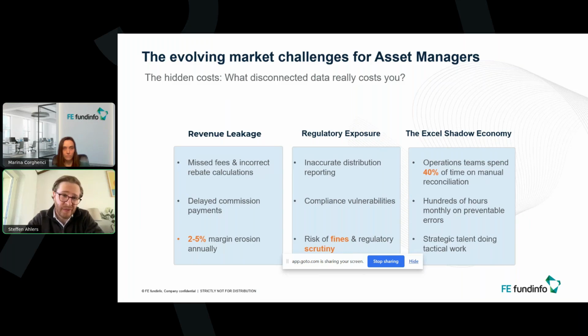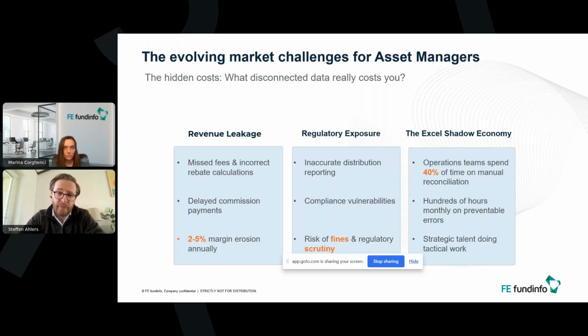If you have unallocated positions, for instance, or double remunerations because you have no clear visibility of who the underlying distributor is, that can have an immediate impact on your P&L. It is very common to have 2 to 5% of your margins lost on an annual basis just because someone is claiming rebates retroactively, or you didn't understand the full hierarchy of the distribution chain.